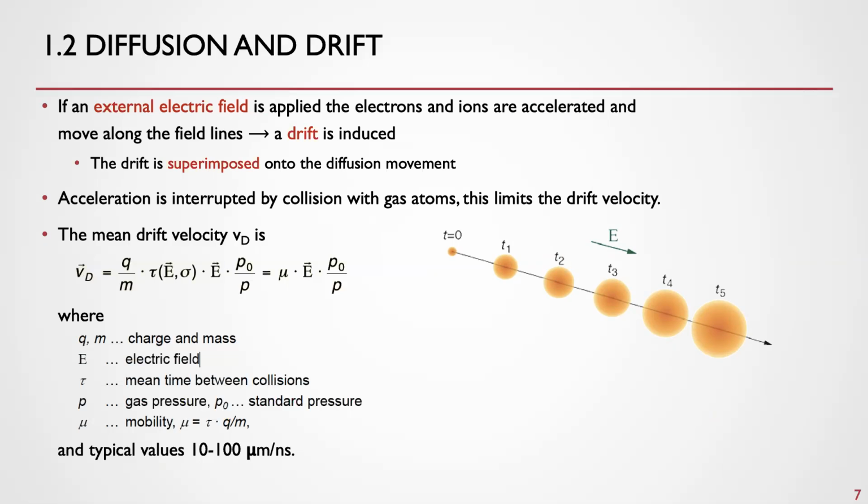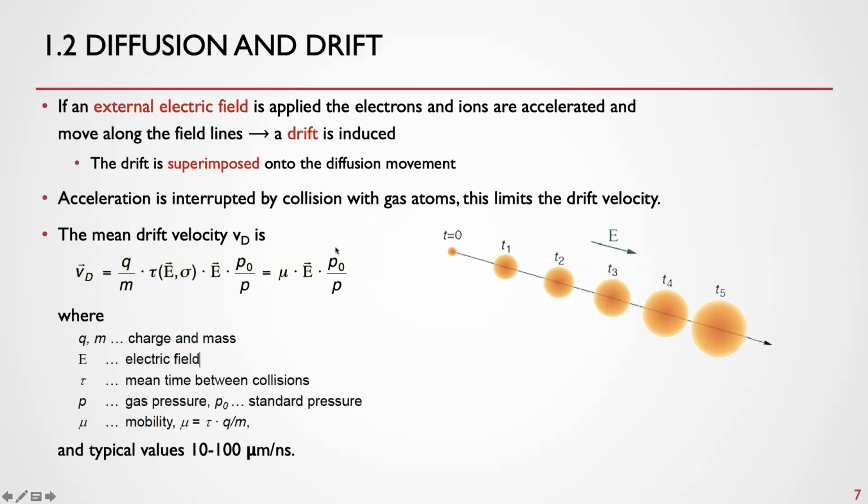For small electric fields, the mobility is almost independent of the electric field itself, and so we get a constant relation between the drift velocity and the electric field.